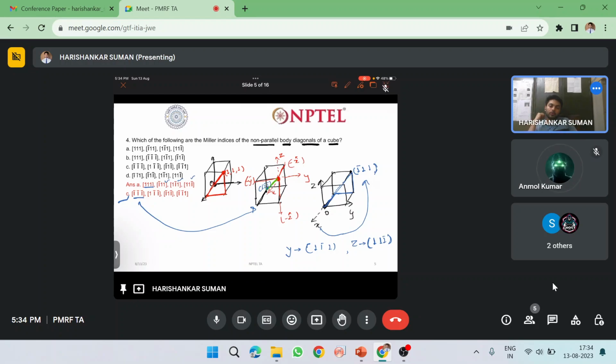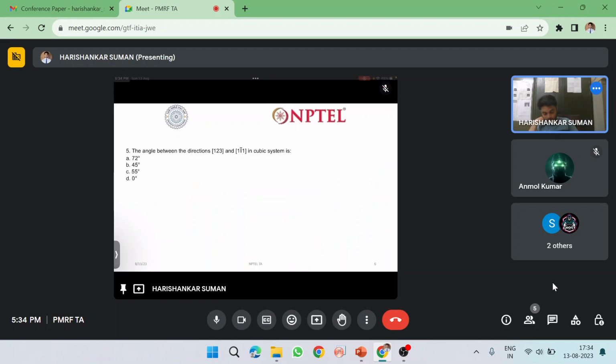Now, can you draw it? Okay, let's move further. This is clear. Find the angle between the directions 1 2 3 and 1 -1 1 in a cubic system. Please calculate.